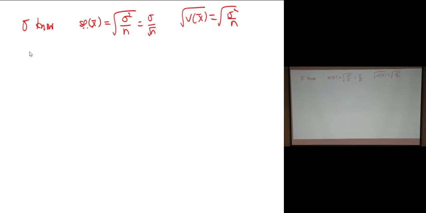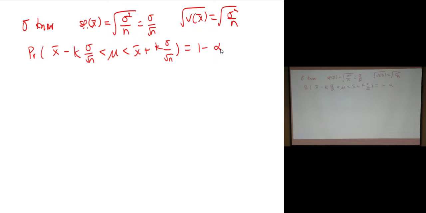Now we are trying to work out the probability of x bar minus k sigma over root n, and so on, so that this random interval covers the unknown parameter mu with probability 1 minus alpha.